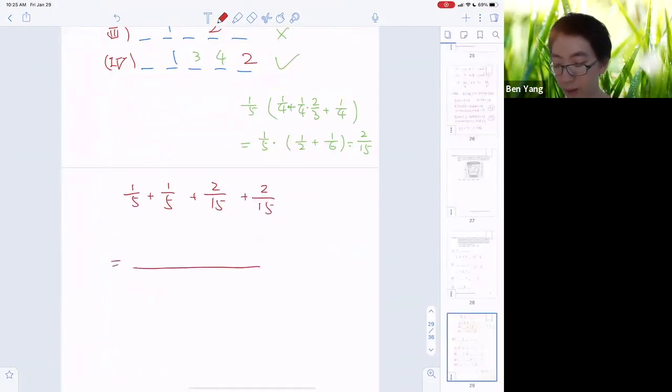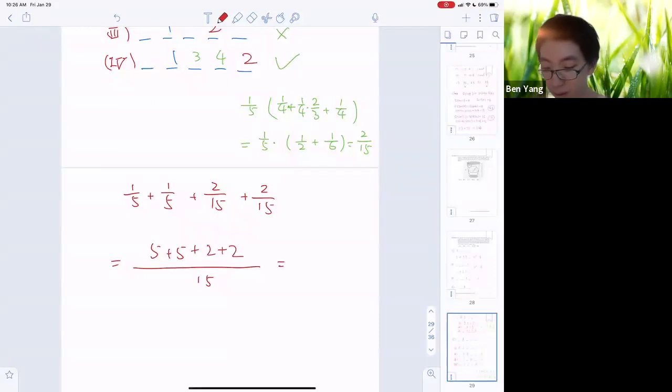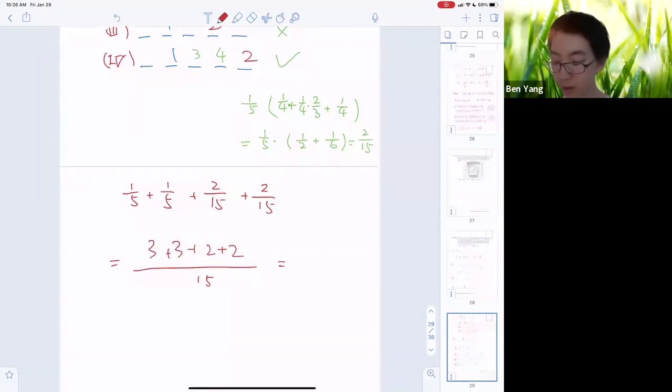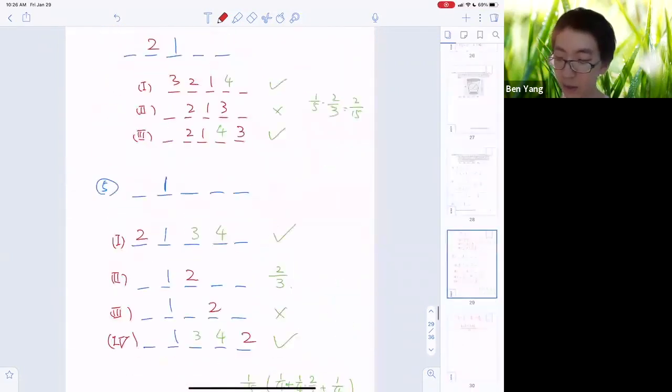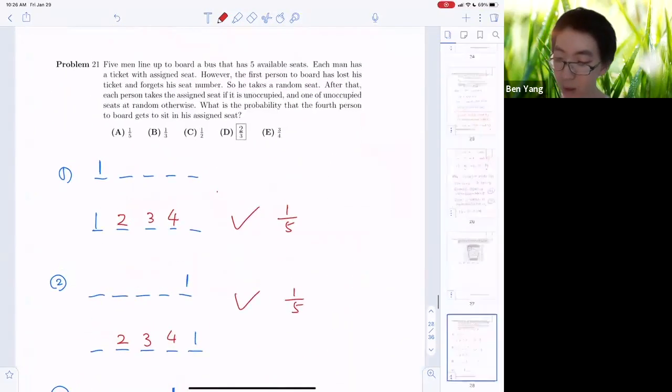So that is 3 plus 3 plus 2 plus 2 over 15. So the top is equal to 10. So it's 10/15, which is 2/3. So the answer is 2/3, which is D.